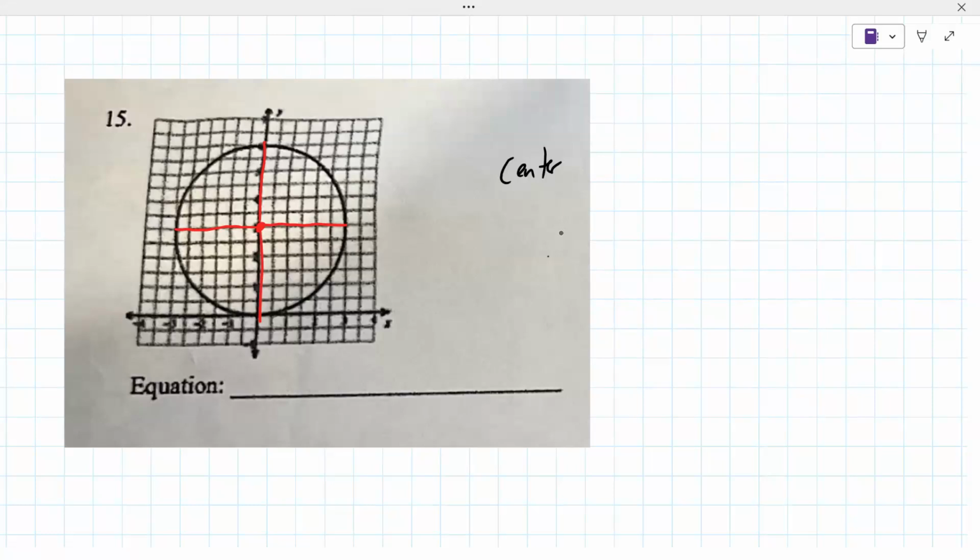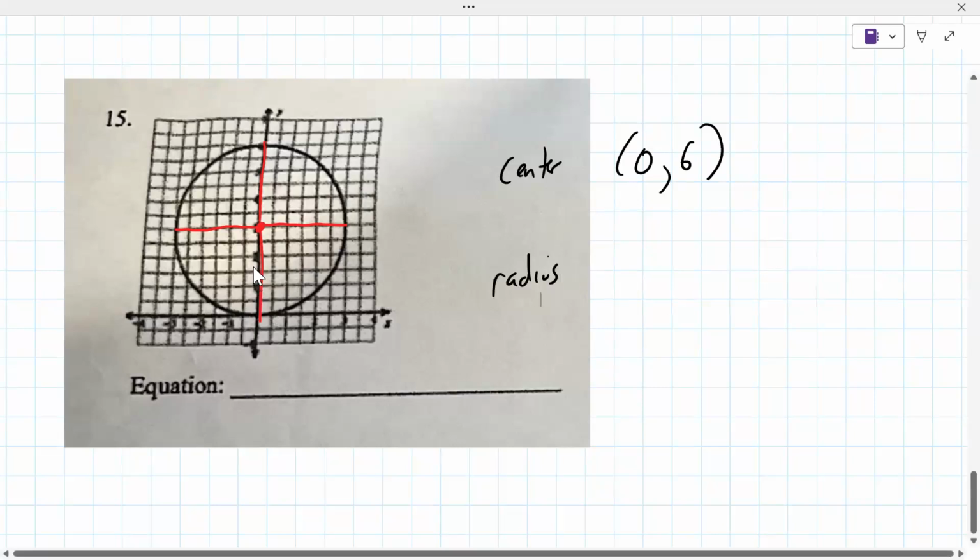0, comma, 1, 2, 3, 4. Is that a 6? Is that 6 up? It looks like 6. I think it's going by 1. It's hard to tell. And then the radius is any of those red lines. Although it almost looks like it's by 1.